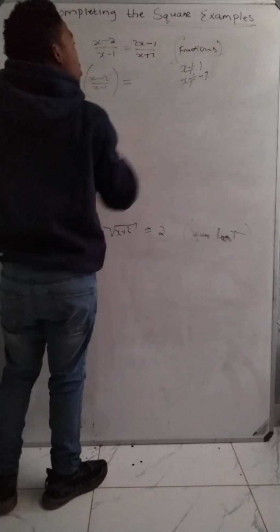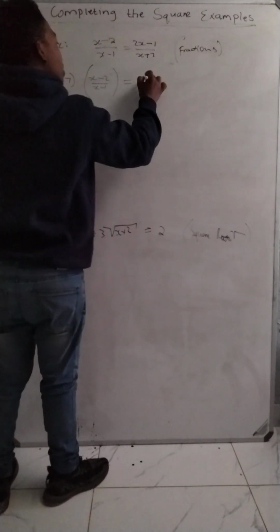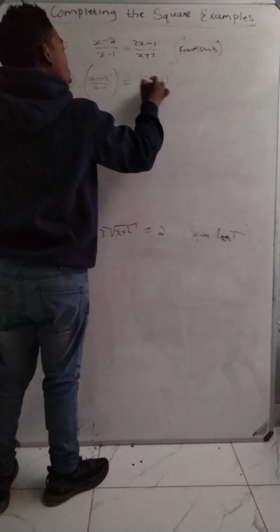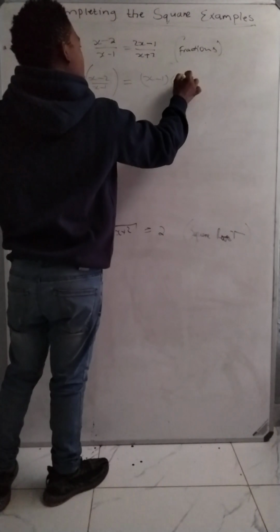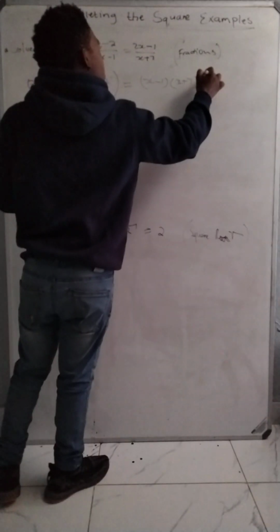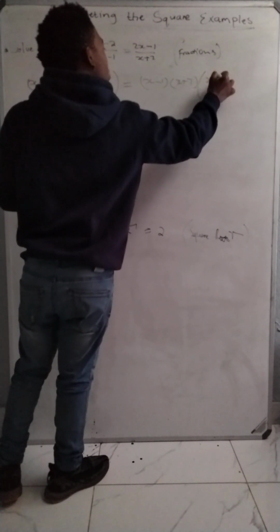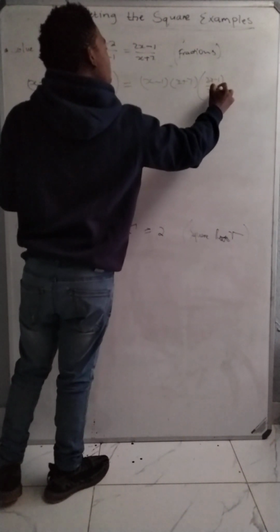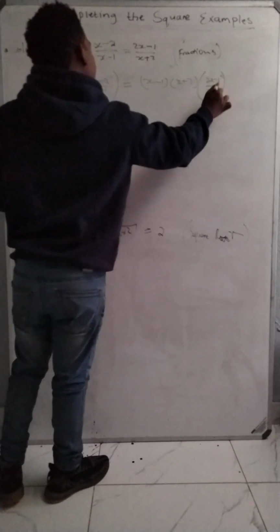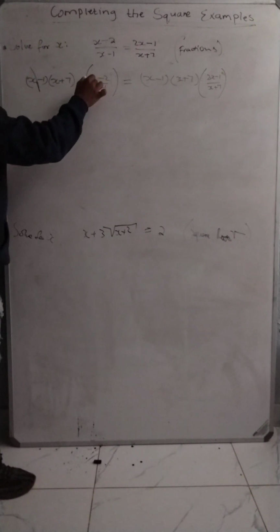And we are going to multiply the right hand side with the same thing, x minus 1 into x plus 7. We're going to multiply this to 2x minus 1 over x plus 7. That is how we're going to get rid of this. So this will cancel that.